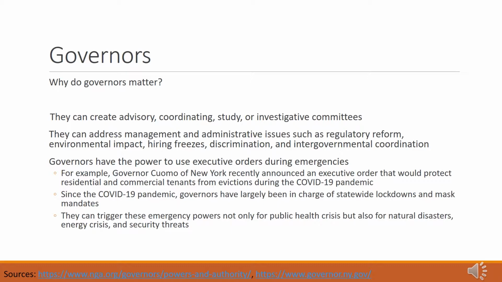For example, Governor Cuomo of New York recently announced an executive order that would protect residential and commercial tenants from evictions during the COVID-19 pandemic. Since the COVID-19 pandemic, governors have largely been in charge of statewide lockdowns and mask mandates. And they can trigger these emergency powers not only for public health crises, but also for natural disasters, energy crises, and security threats.